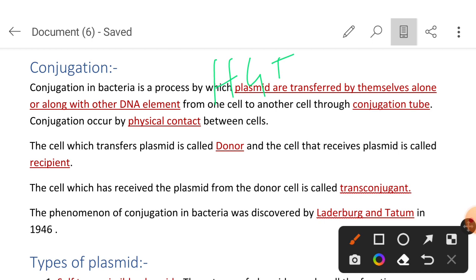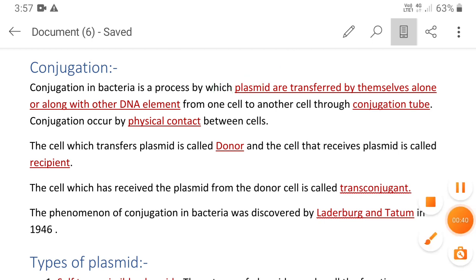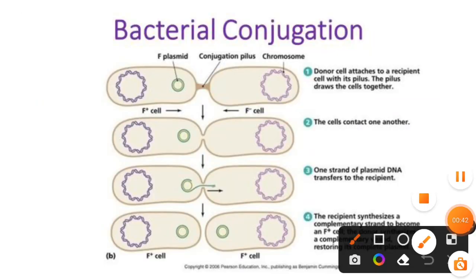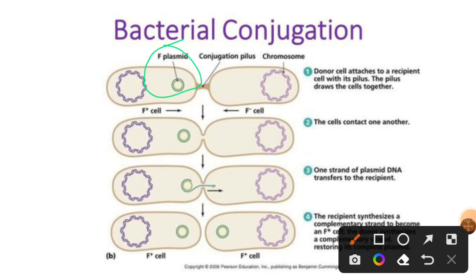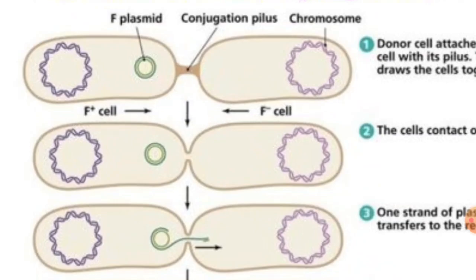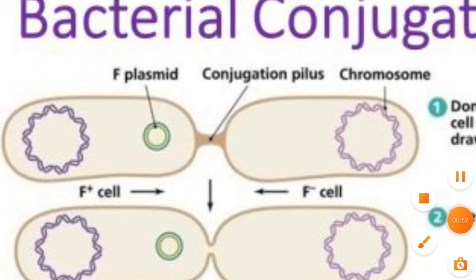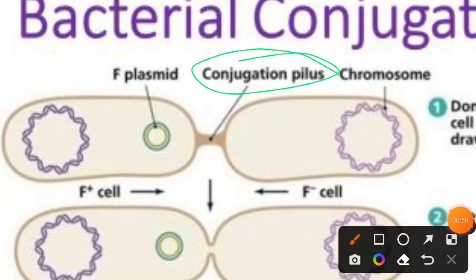So in conjugation there is a transfer of a plasmid, known as the F plasmid. The F plasmid is transferred from one bacterium to another bacterium with the help of a pilus named the conjugation pilus.